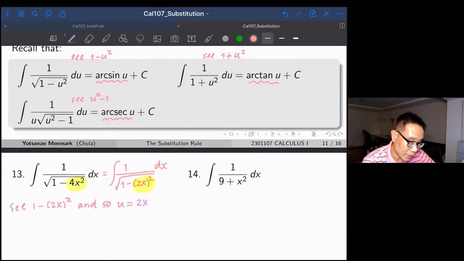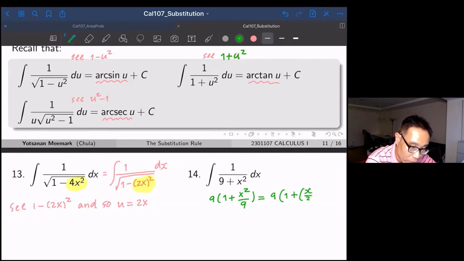The next one, you see 9 plus x squared. So we want 1 plus u squared, right? In this case, you pull out 9, so it's 9 times 1 plus x squared over 9, which is 9 times 1 plus x over 3 squared.